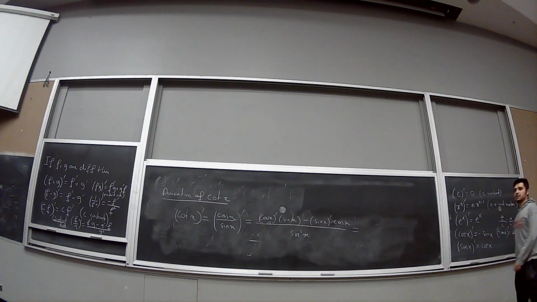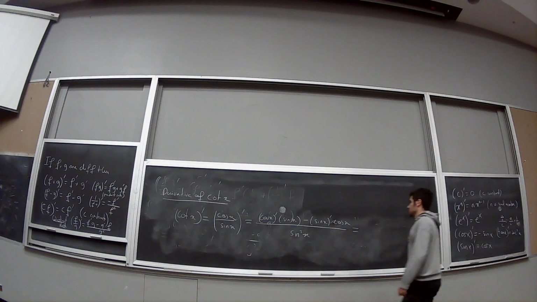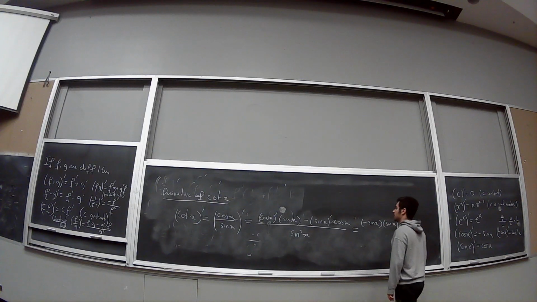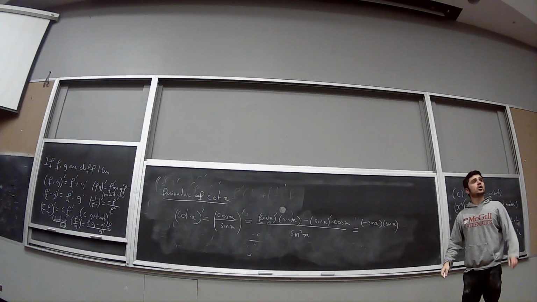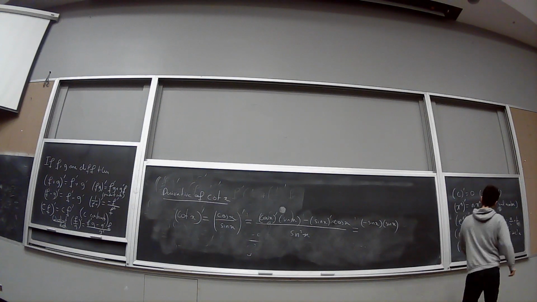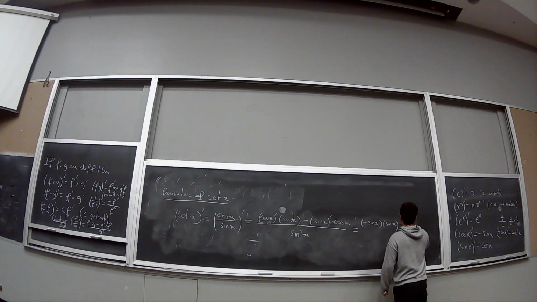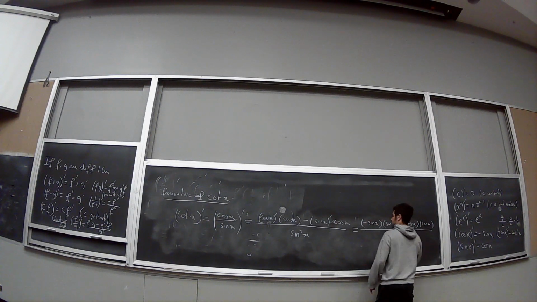The derivative of cosine x is minus sine x, right? So it's minus sine x times sine x, right? The derivative of sine x is, everybody, cos x. I have a cos x here over sine squared x.